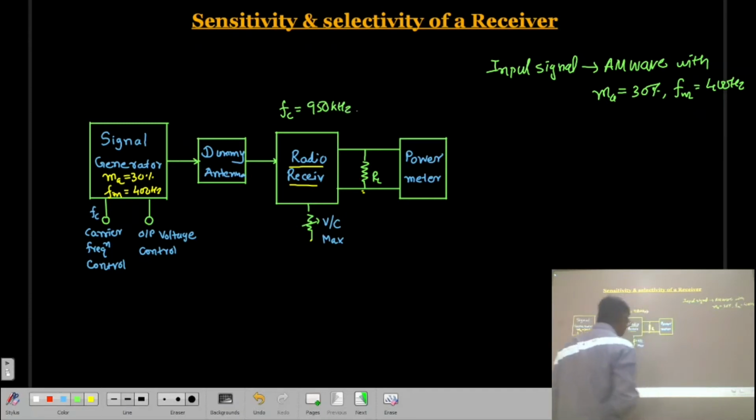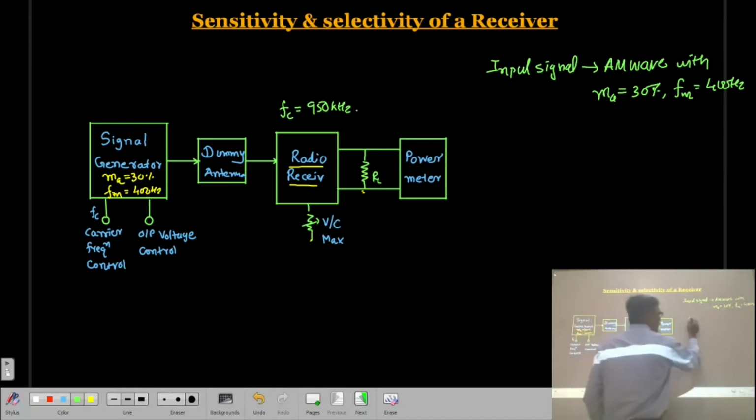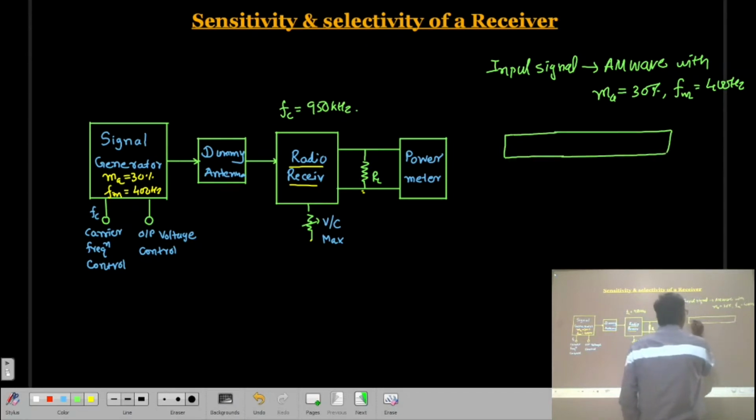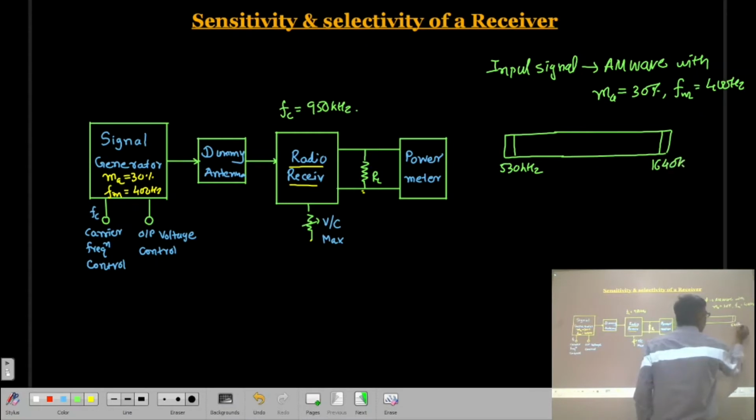Remember, in a radio we have a medium wave band. The medium wave band is from a minimum of 530 kilohertz to a maximum of 1640 kilohertz.